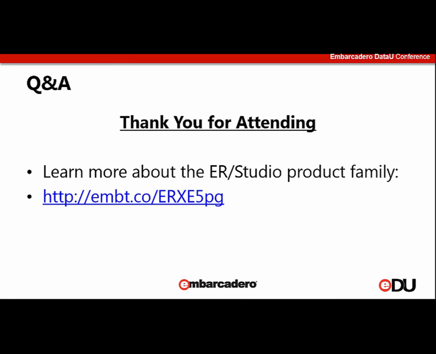Okay, Mark has asked, boy, a long question. This question relates to consistency when a large model is split into multiple files or DM1s. Rather than having one huge model, we would like to isolate our master data entities to a separate MD model, DM1, that all the other models could reference, kind of like having a virtual entity that links back to the MD object in the MD model, DM1.